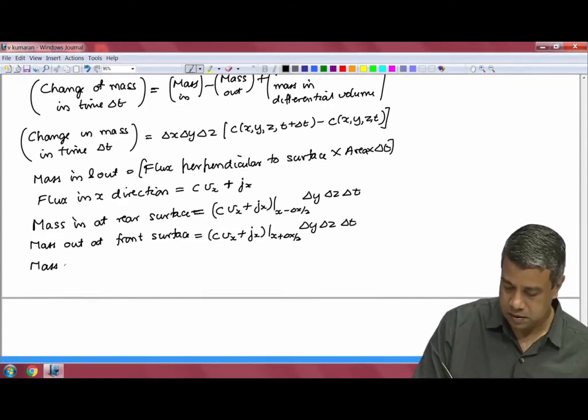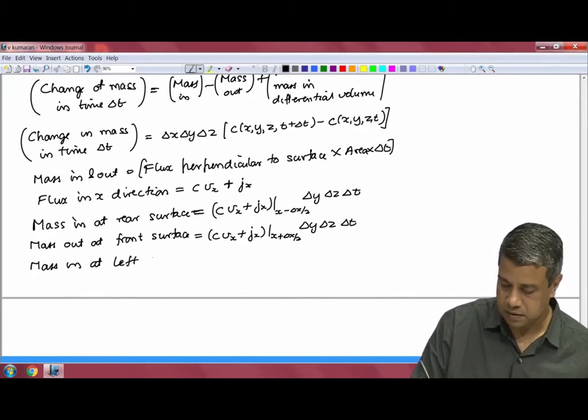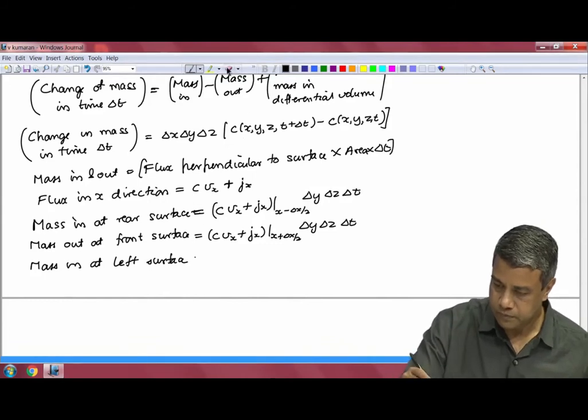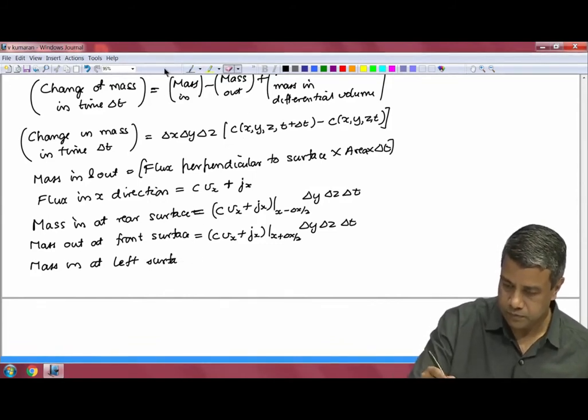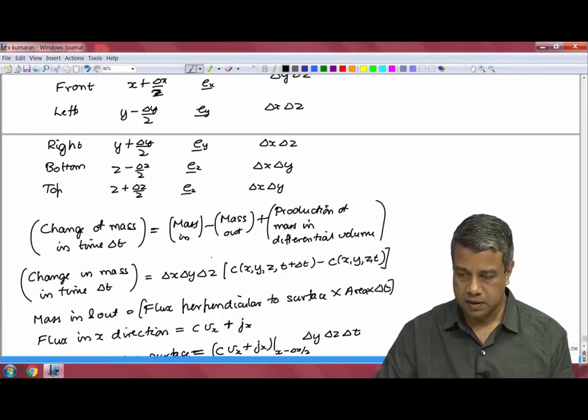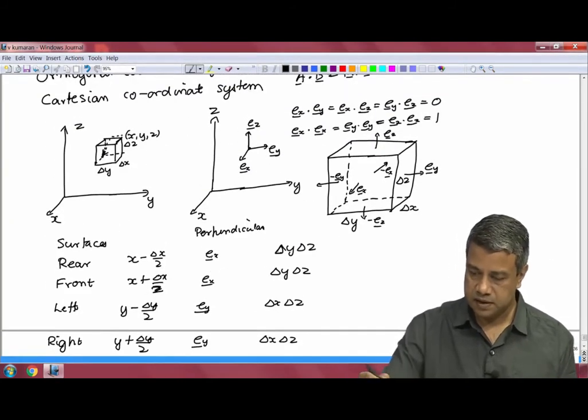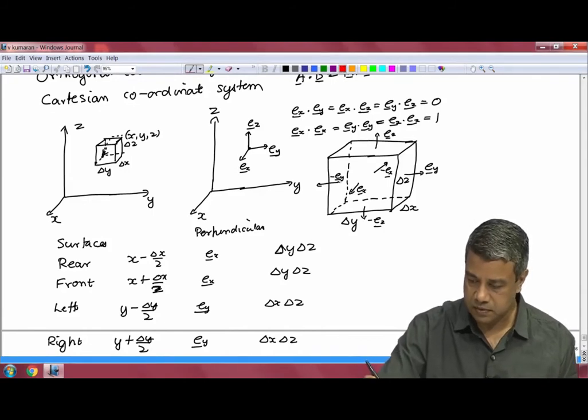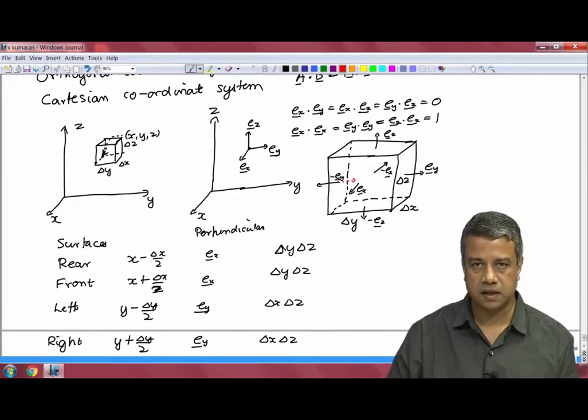Mass in at the left surface. At the left surface, you can see that if the flux is in the plus y direction, then mass is entering at the left surface.